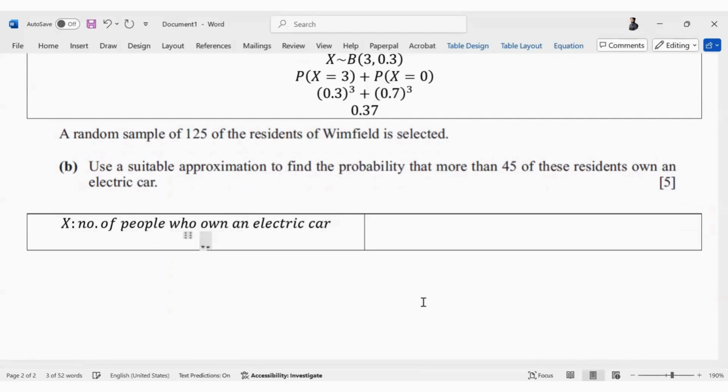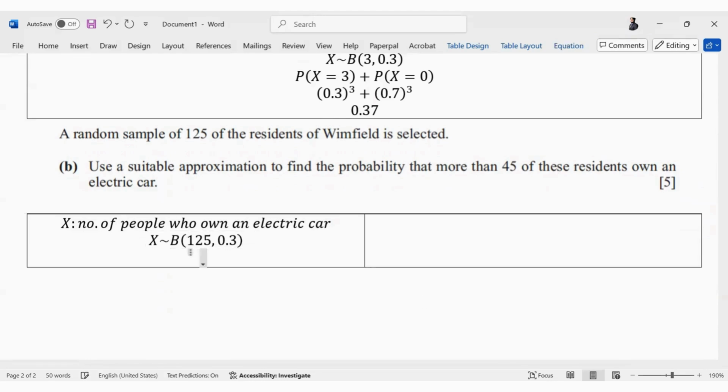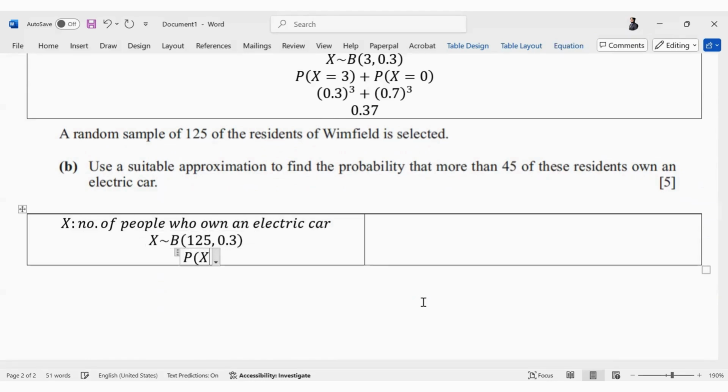So if I wanted to do it binomially, I'll say X is binomially distributed, 125 trials and the probability of success is 0.3. The question is asking me more than 45. I have not solved any part of it. I have just broken this question down into mathematical notations to help you understand what the question is asking.